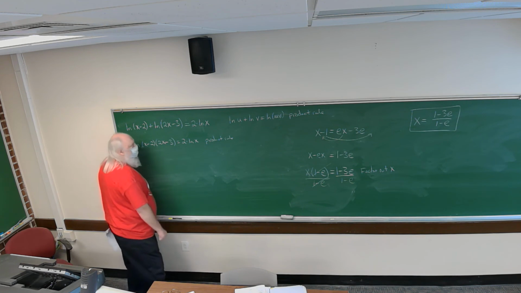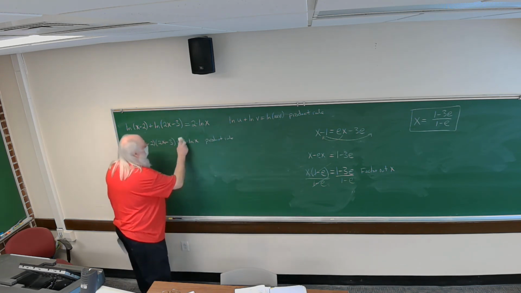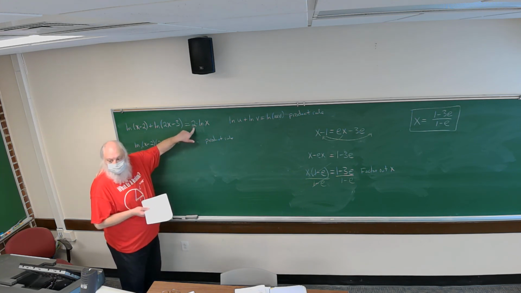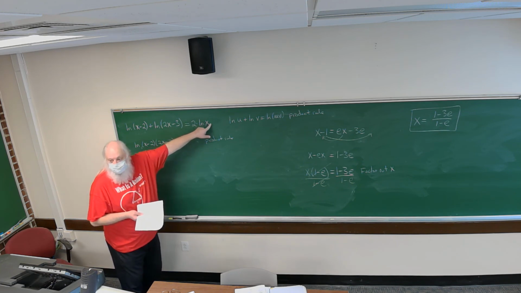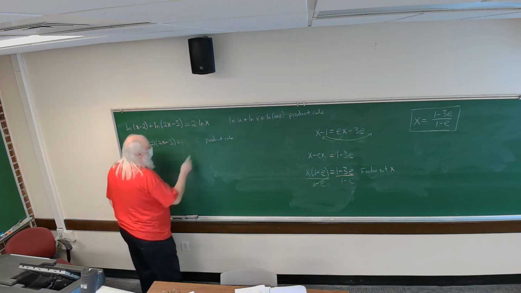And on the right-hand side, this 2 out front of the natural log, what can I do with it? Bring it inside the logarithm and make it an exponent on the variable x, right?